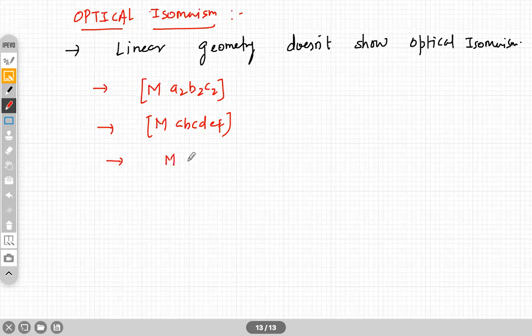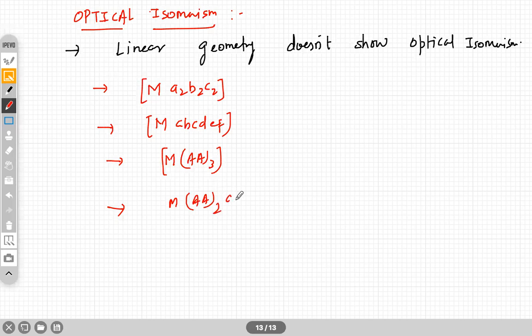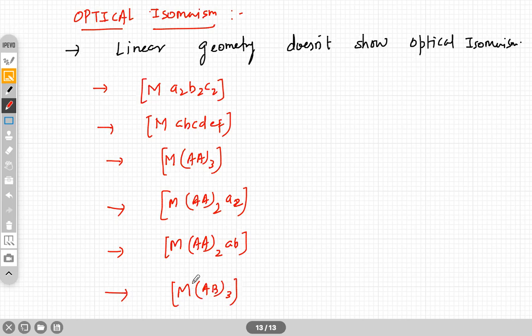If you have MAA, this is also optically active. MAA2 type, A2, this is also optically active. AA2 type AB, this is also optically active. MAB3 type, this is also optically active.